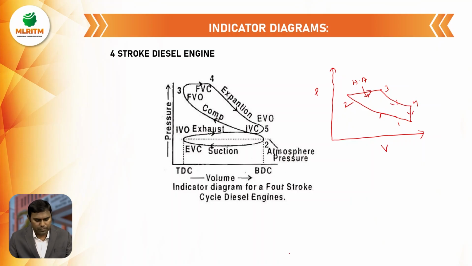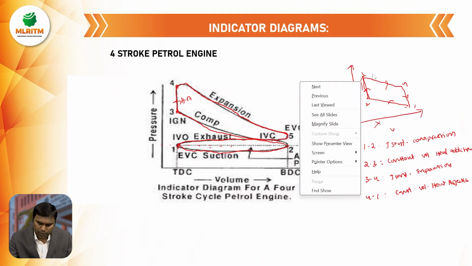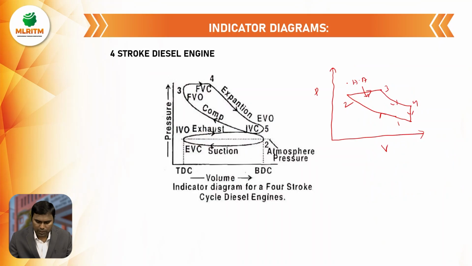In a petrol engine, 2 to 3 is constant volume heat addition, whereas in a diesel engine, 2 to 3 is a constant pressure heat addition process. Previously in a petrol engine, heat addition was at constant volume, but here in a diesel engine, heat addition takes place at constant pressure.